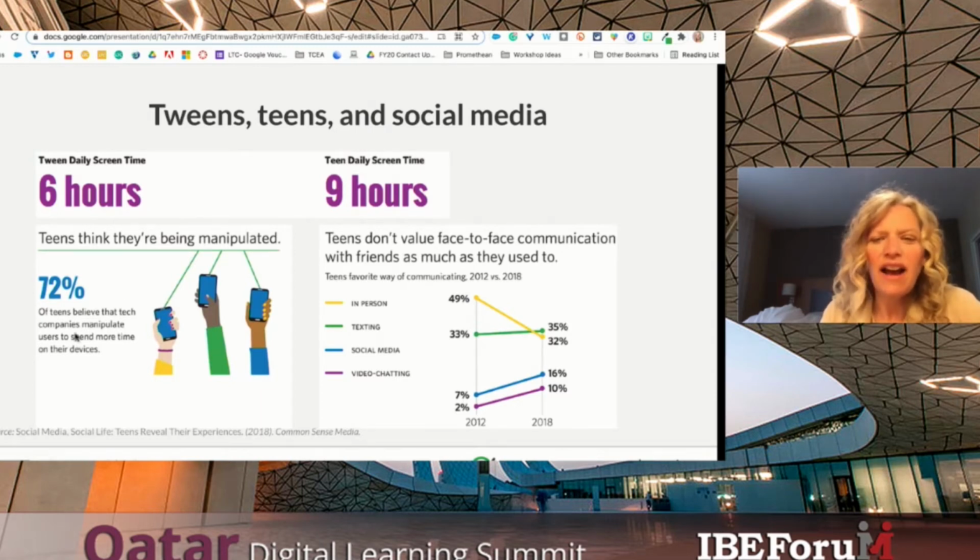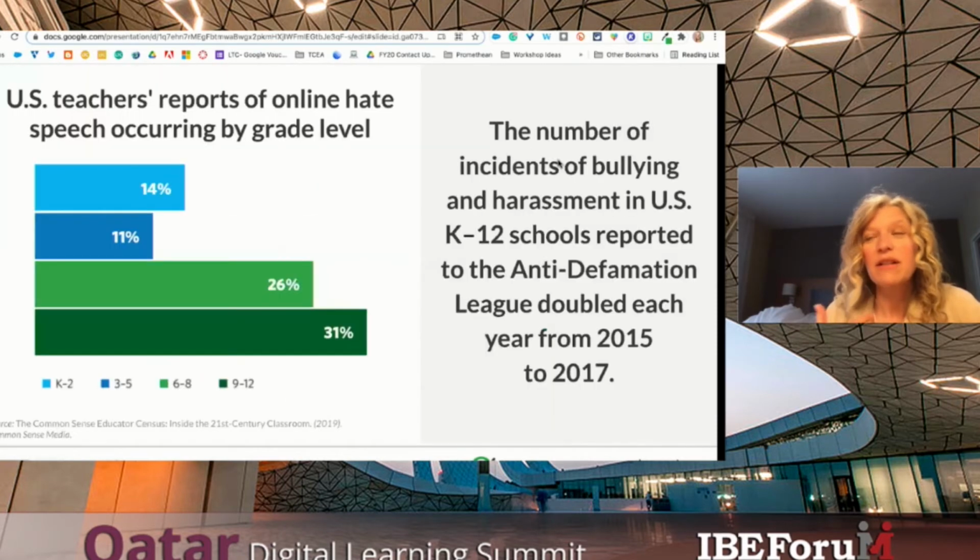And I thought this was interesting, that 72% of teens believe that tech companies manipulate users to spend more time on their devices, so that they're being more aware of how they are being manipulated. So again, that can be talked about in the digital citizenship curriculum.